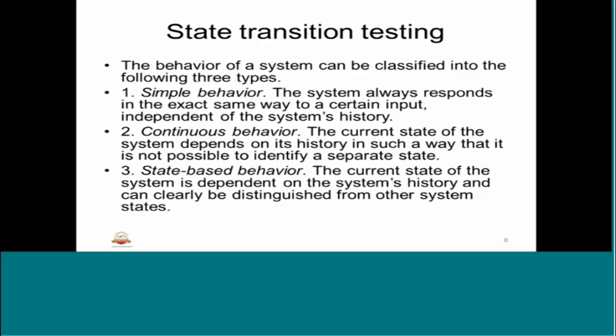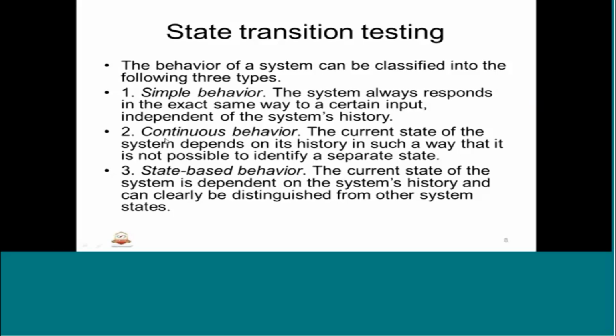The behavior can be classified into 3 types. One is a simple behavior where the system always responds in exactly the same way to a certain input, independent of the system's history. So it will not worry about the system's background or history. It will just drive the action based on the input. That is the response for a certain input.